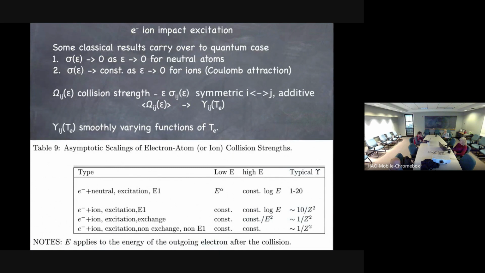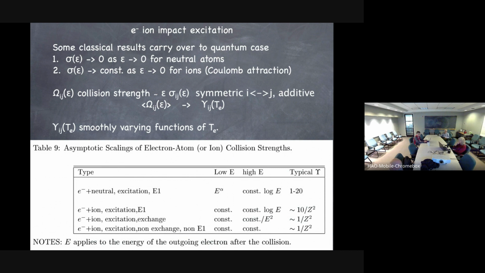We talked about various things. This is just for your reference if you want to go back and look at these things. There are various scaling laws here concerning the impact of these quick electrons moving around inside the plasma and the way that the atoms respond.